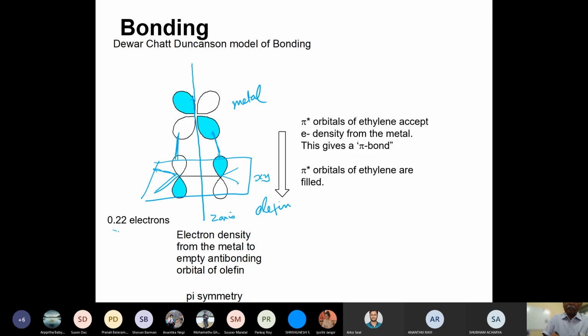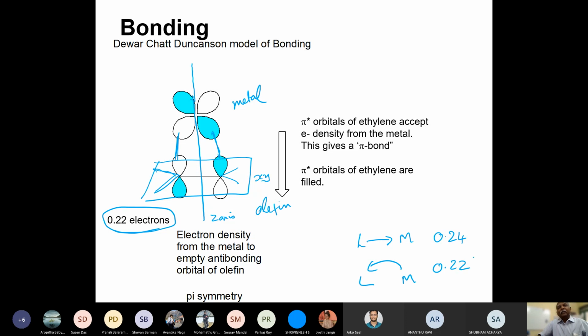This electron density flow is calculated to be around 0.22 electrons for a typical metal olefin complex. So you have an electron density flow from the ligand to metal, where 0.24 electrons are flowing out, and from the metal to the ligand, 0.22 electrons.